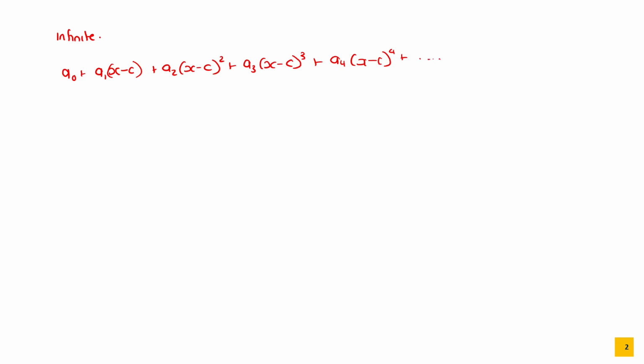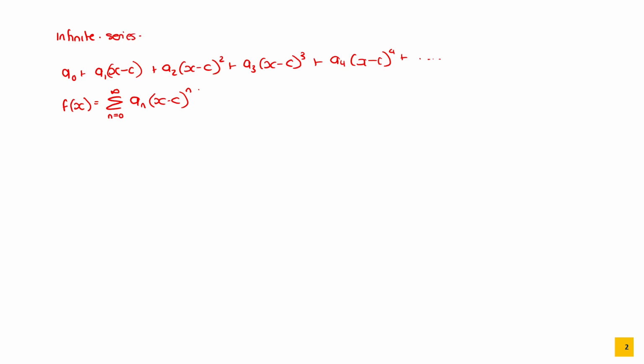So it's that infinite sum situation. So you have your function is equal to your summation, where n is equal to 0 to infinity of a_n (x minus c) to the power of n. So it's an infinite series of this form. So this is your power series.